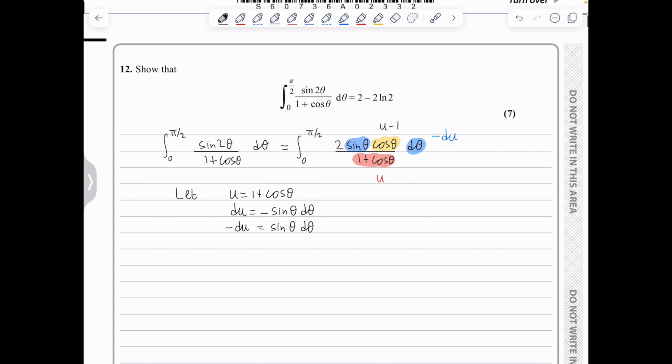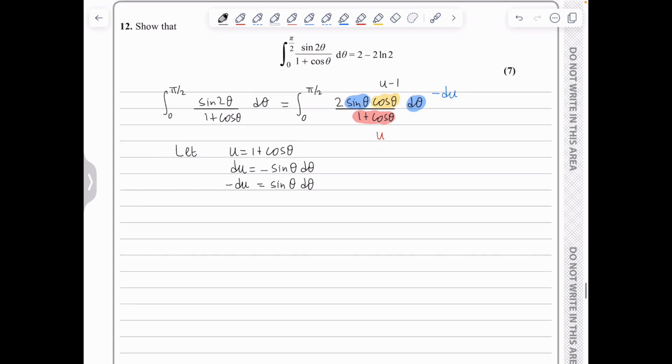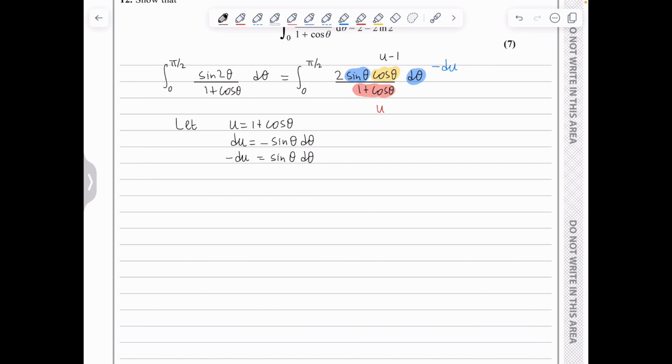So I can replace everything with u terms. I also need to take care of the limits. So when theta is 0, we get that u is 1 plus cos 0, which turns out to be 2. Whereas when theta is pi over 2, we get u is 1 plus cos of pi over 2, which is 1.